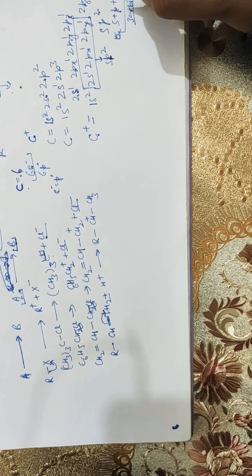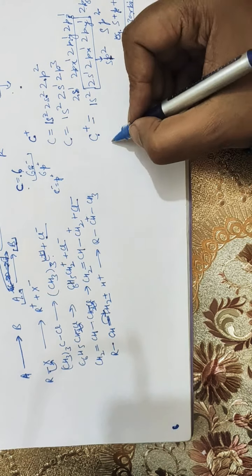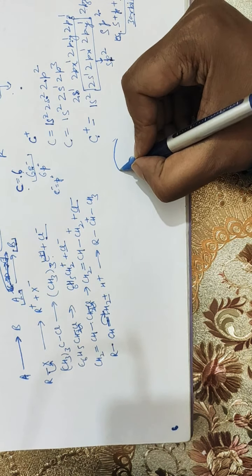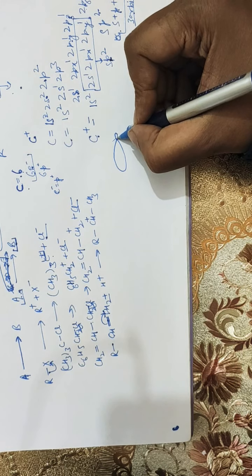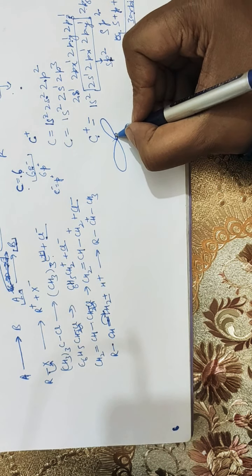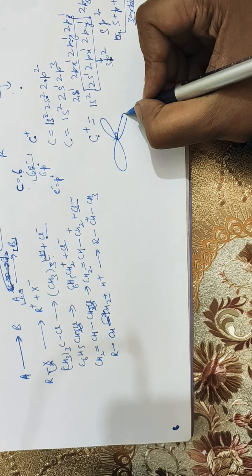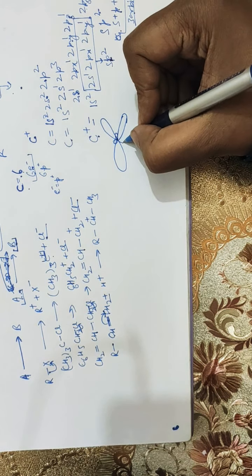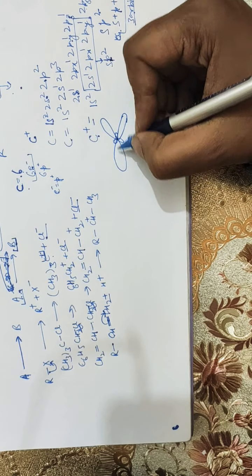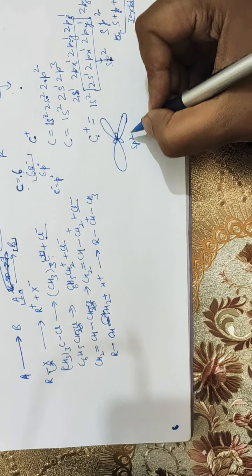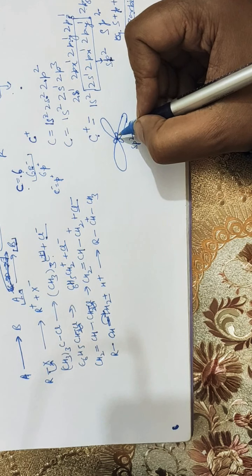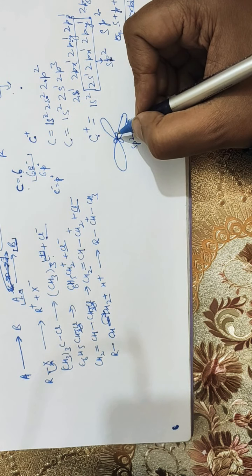To minimize this repulsion, these three orbitals will orient themselves to stay maximally far away from each other. These three are sp2 hybrid orbitals, and they are oriented in space with a 120 degree bond angle.